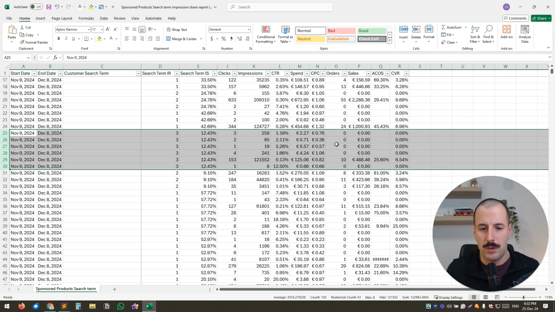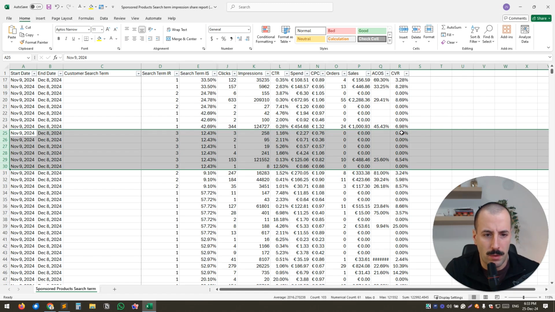So if you increase your bid and you go from position number 3 to position number 2 in a daily report, then that gives you the information that it's about bid, as it is most of the time if the keyword is relevant. Here we can see that click-through rate varies depending on the campaign, and then different cost per click.